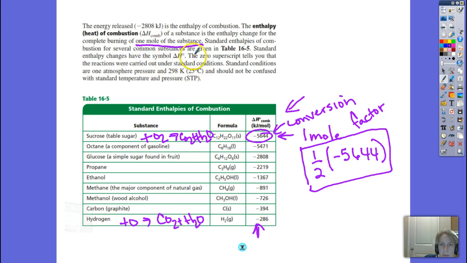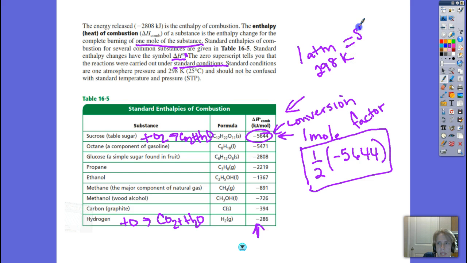One other thing I'd like to point out is that standard enthalpy changes have this symbol delta H0. See this 0 right here? The 0 tells you that the reactions were carried out under standard conditions, not STP. It's actually 1 atm and 298 Kelvin.